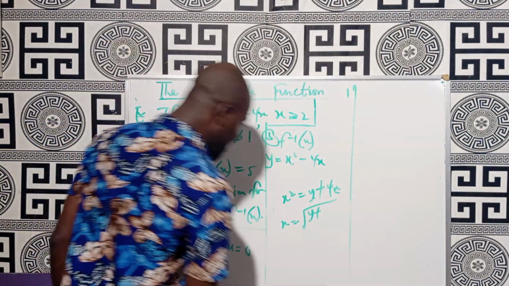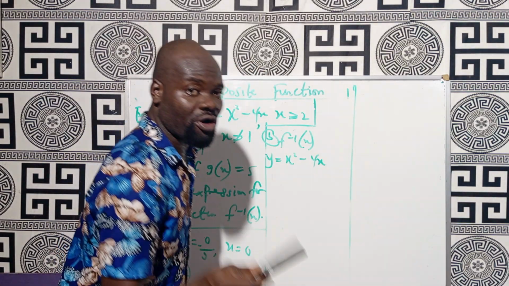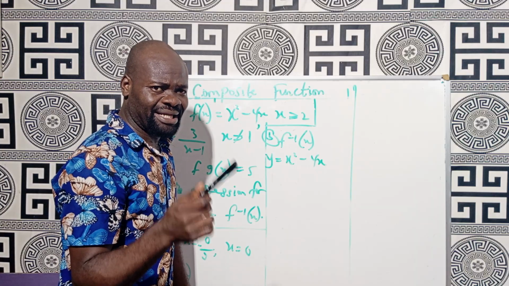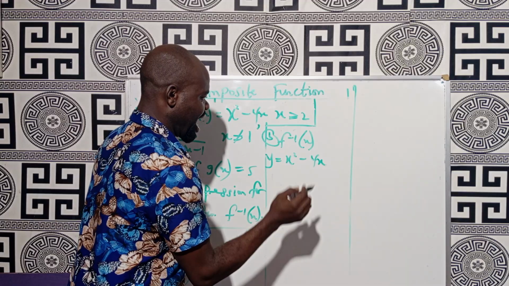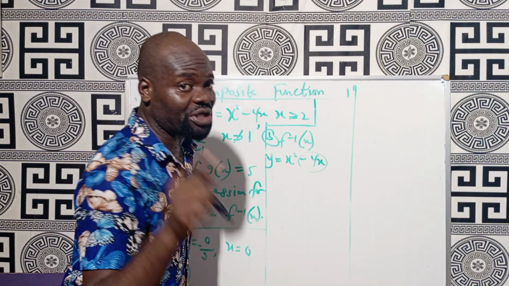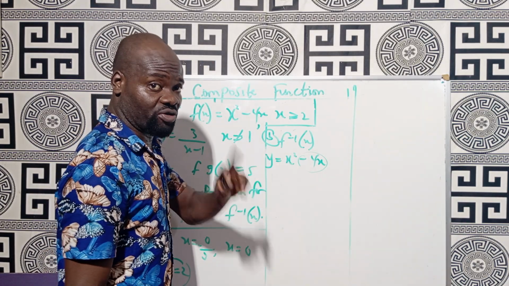Understand? So in that case, you know what we're going to do? You remember the completing the square method. I don't know if you remember that method. Just say, okay, find half of the coefficient of x. I'm doing this whenever you are dealing with a quadratic one that's having x squared. Note it.